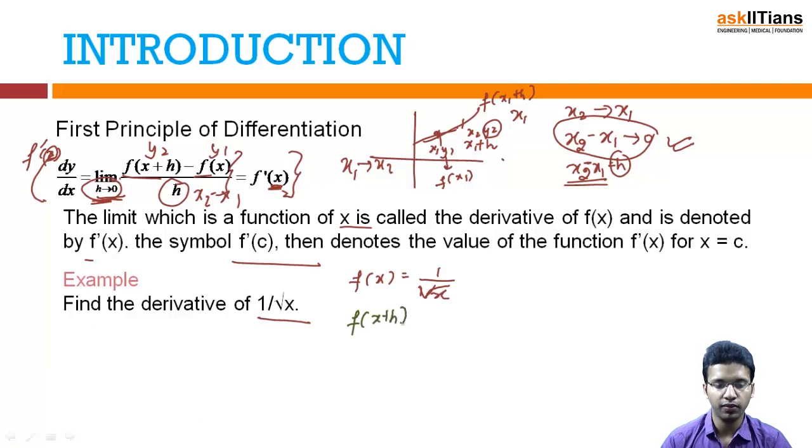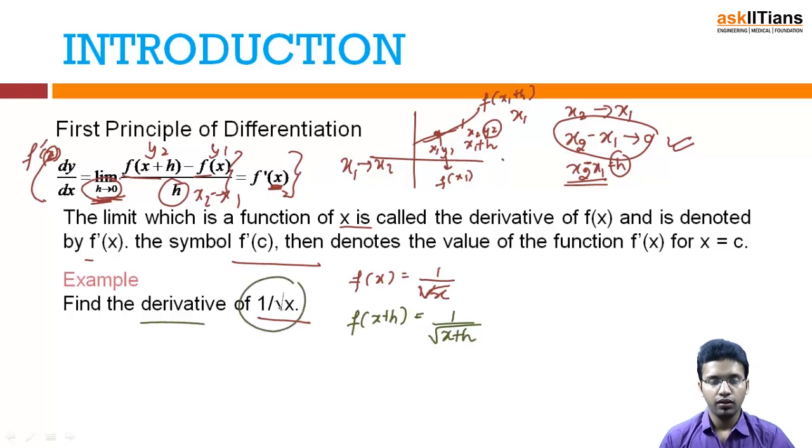So f of x plus h is 1 by root x plus h. Now we will find the derivative using the first principle. Right now we are deriving it, and once we are familiar with the differentiation concept, we will be doing it using the standard formulas.